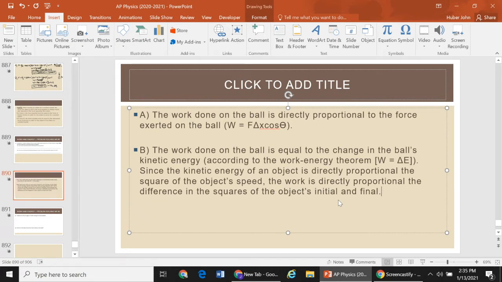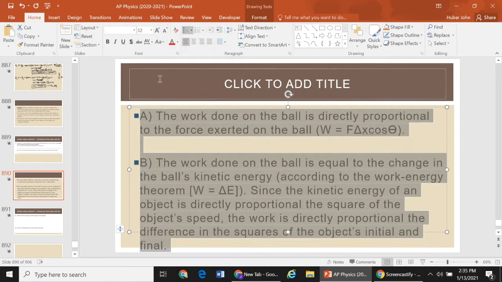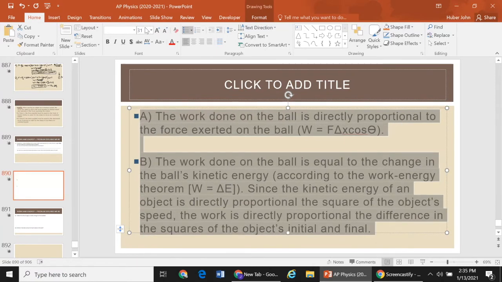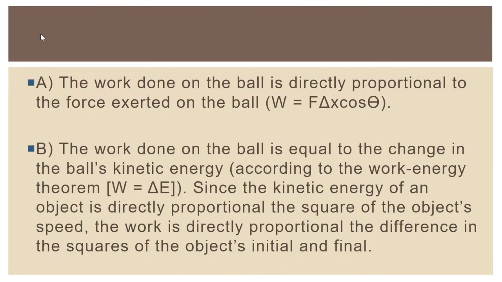And if you're a little confused or unclear about why I'm saying the difference in the squares, it's because, well, if work is equal to the change in energy, then the equation would read 1/2 m times v final squared minus v initial squared.